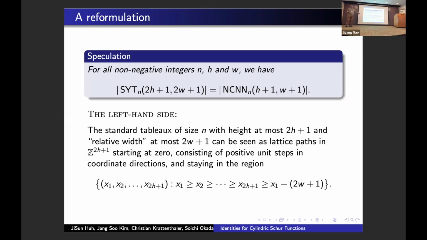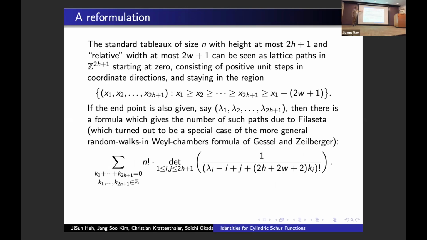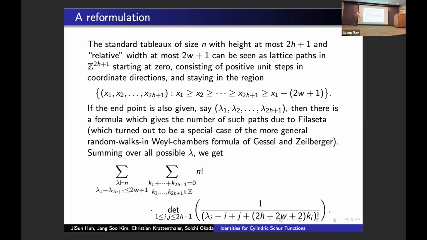So this is a scaled Weyl chamber of type A. And then there is a formula for these paths if you start at 0 and fix the end point, which is due to Grabiner and Magyar. And it turns out that it's a special case of the Gessel–Zeilberger formula of Stanley. And here's the formula if you fix the end point. And then the only thing that you have to do is sum over all possible endpoints, and you have a formula for the left-hand side.